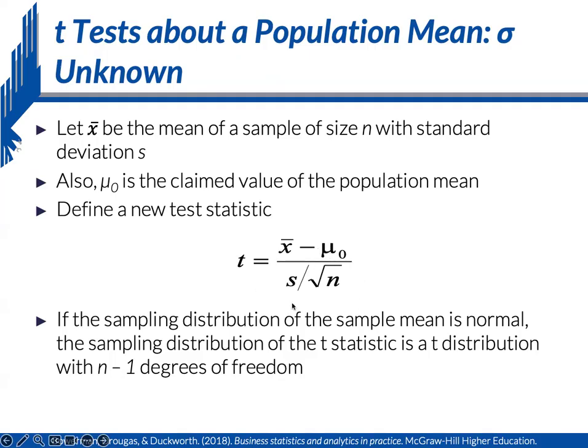But now for the denominator, since the population standard deviation is unknown, we will estimate it using the sample standard deviation. So instead of sigma, we will use S when computing the test statistic. And this t distribution is based on n minus 1 degrees of freedom.